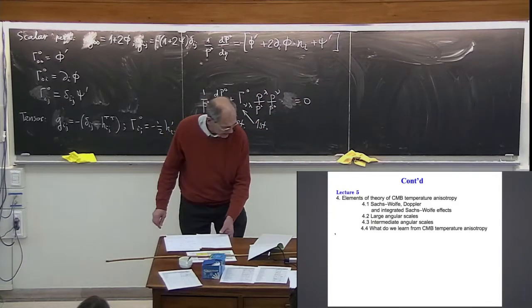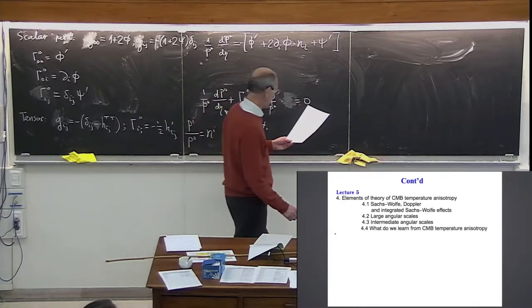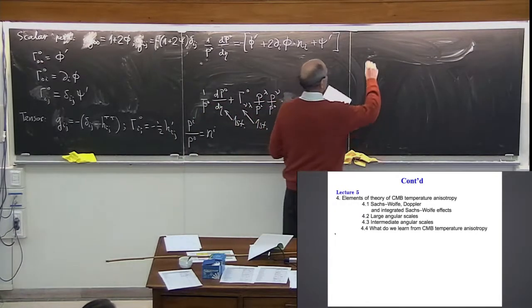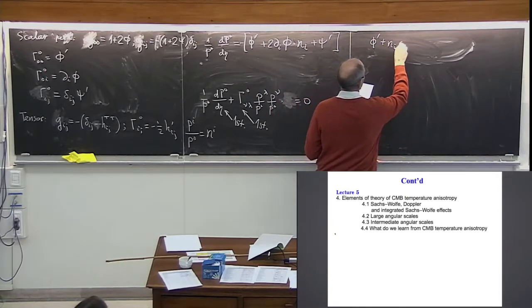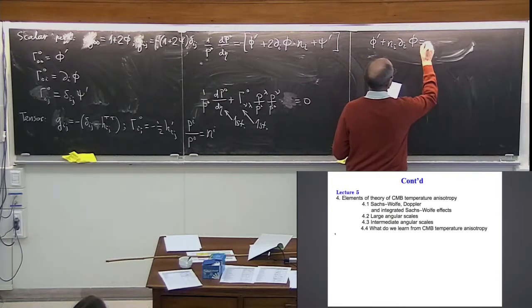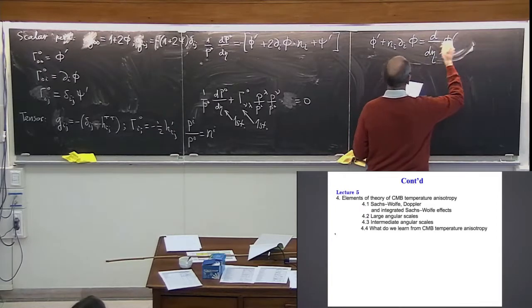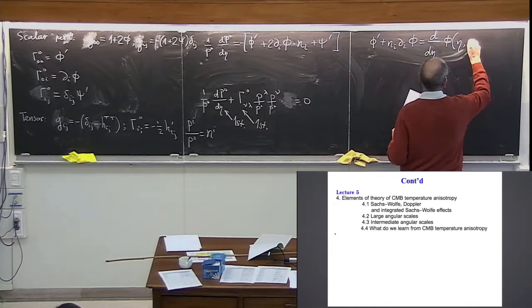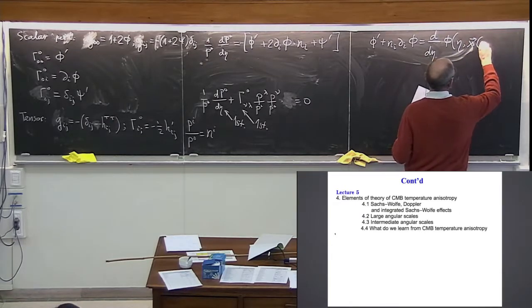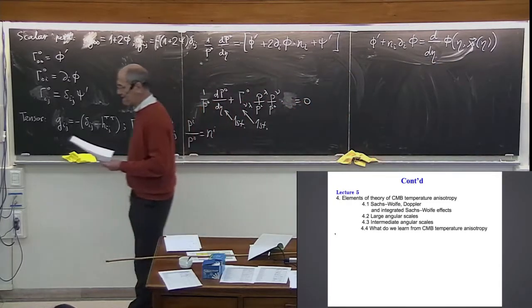You integrate this and use the following fact. You use the fact that phi prime plus ni di phi is nothing but the total derivative of phi, evaluated as everything in here should be evaluated at the photon world line. So this is total derivative here, okay?